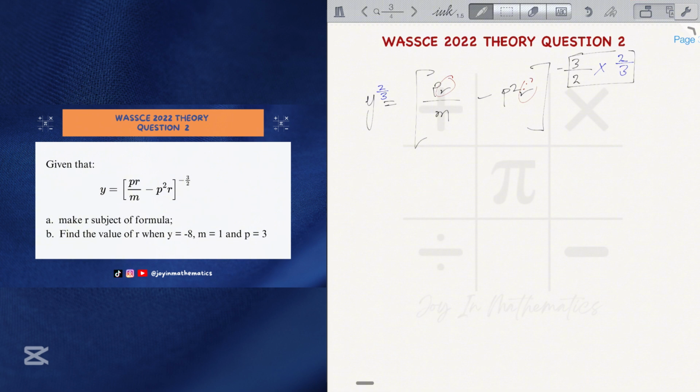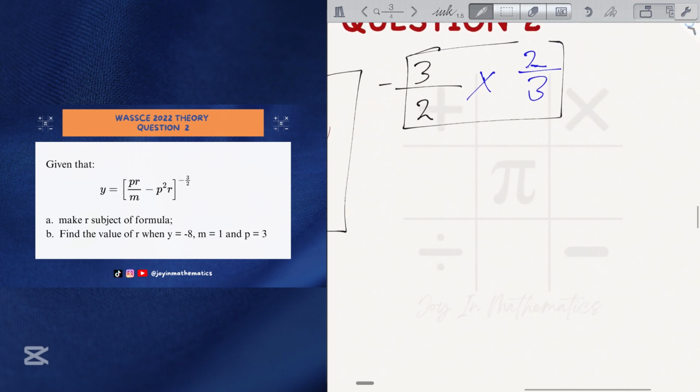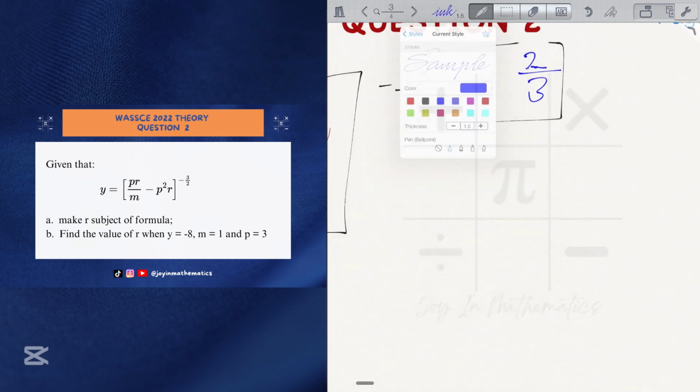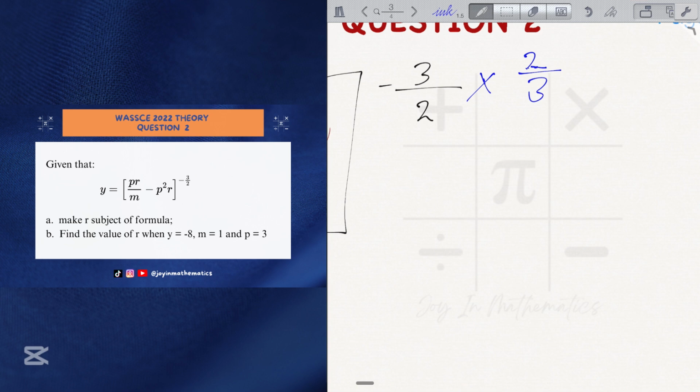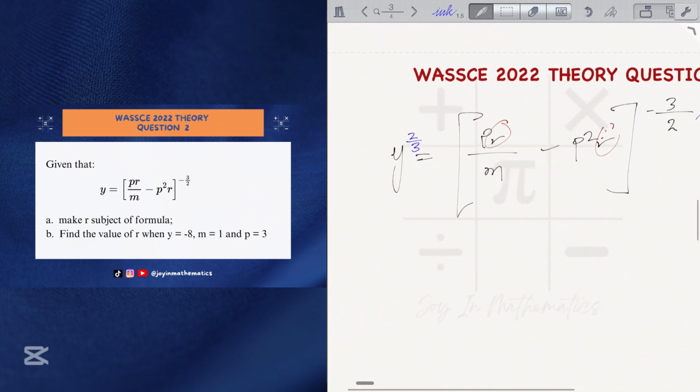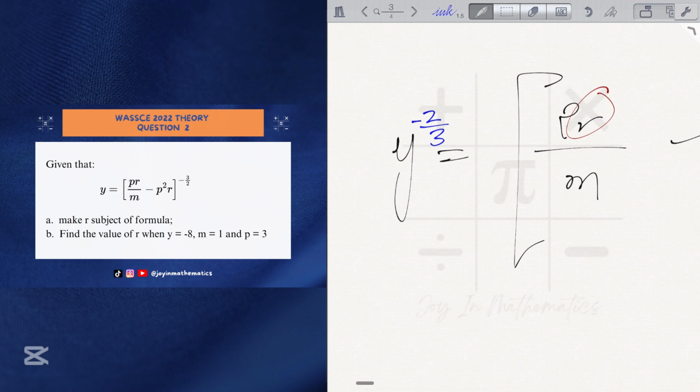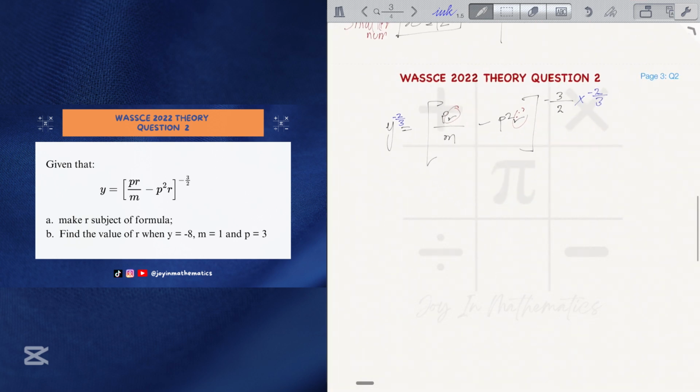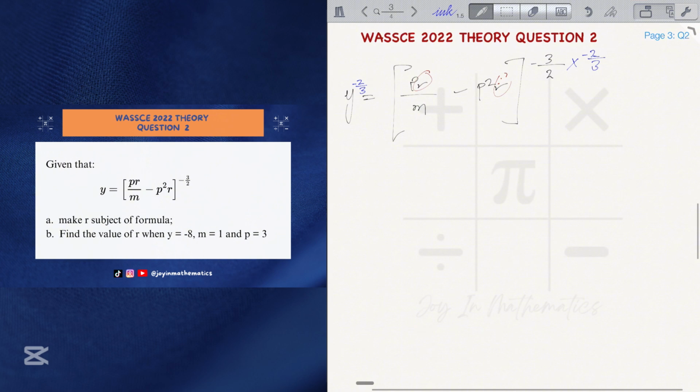So there's still an error there. Instead of 2 over 3, it should be minus 2 over 3, so that we are left with positive 1. So I've just shown you a way to simplify this, for both positive and negative powers.